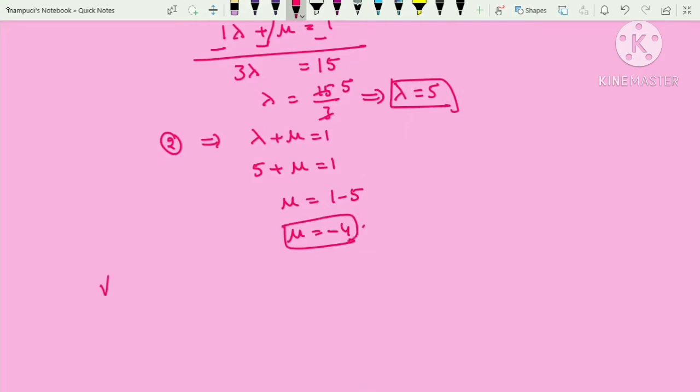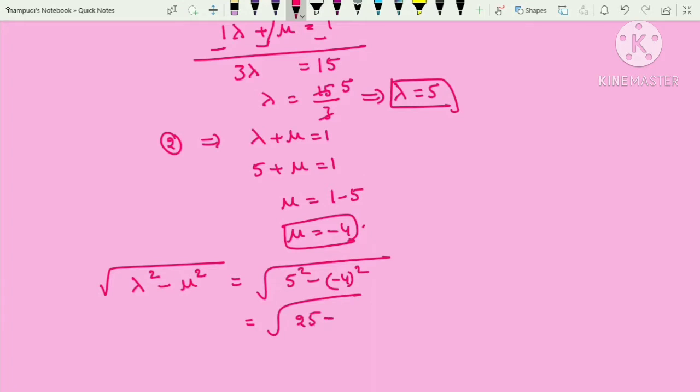We have to determine the square root of λ^2 - μ^2. That is the square root of 5^2 - 4^2. 5 squared is 25, and 4 squared is 16. 25 - 16 = 9.